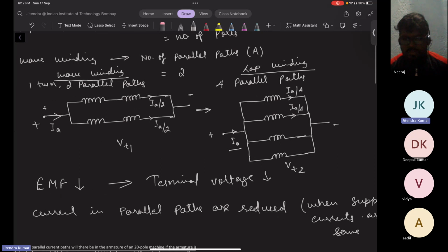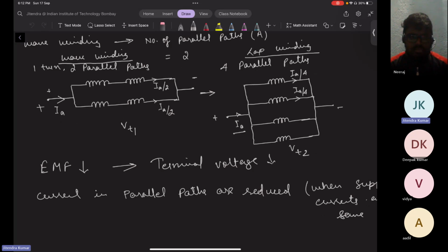Okay, and when supply currents are the same, what is happening? Your terminal voltage is reduced, your supply currents are the same, so input power as well as output power will both be reduced. So to have the same output power, you need to double the current.